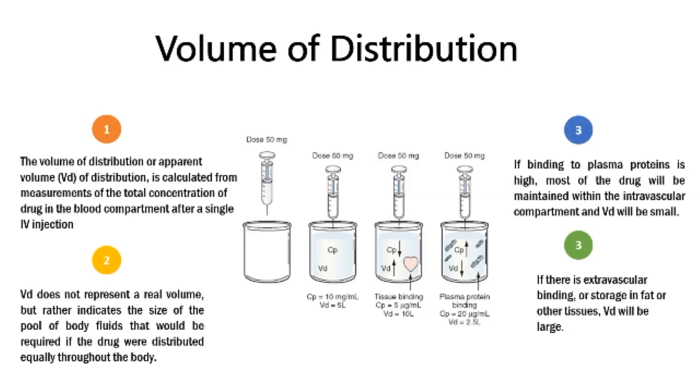If the drug is bound to the plasma or extensively distributed within blood, then your VD is going to be small. Thus, the VD is a characteristic property of the drug rather than the patient, although disease states may influence the VD. If there is extravascular binding or storage in fat or other tissues, VD will be large.